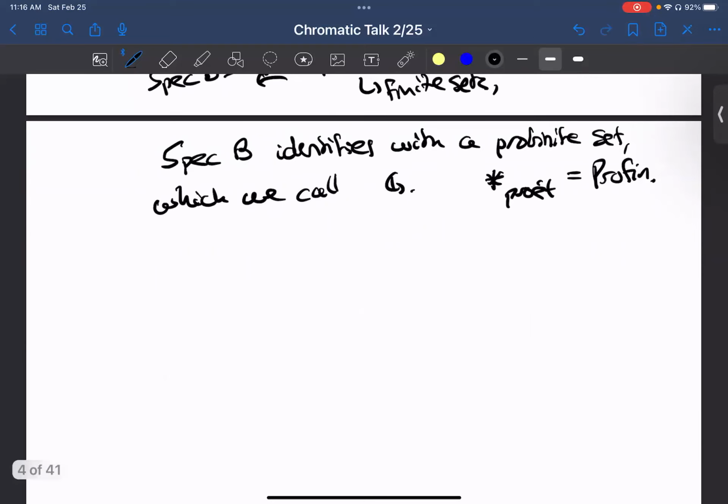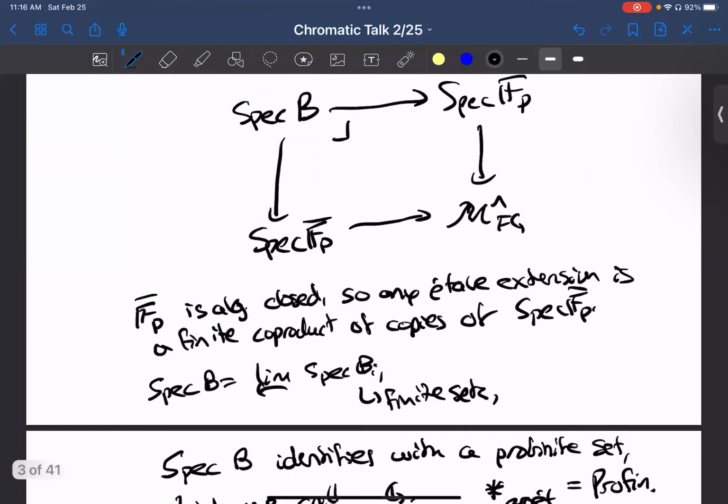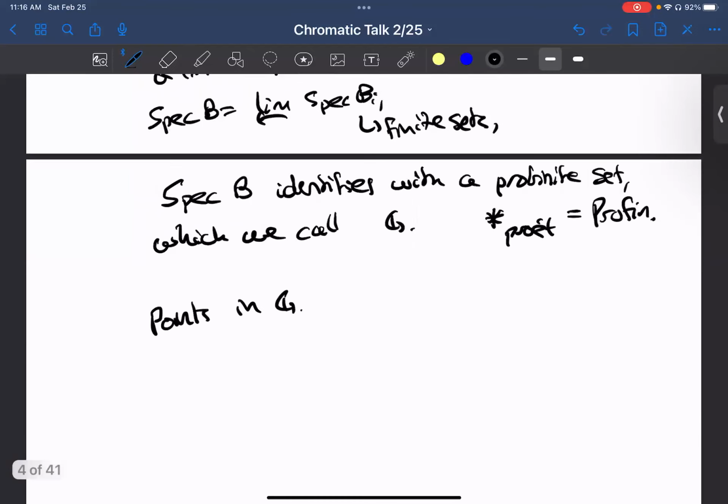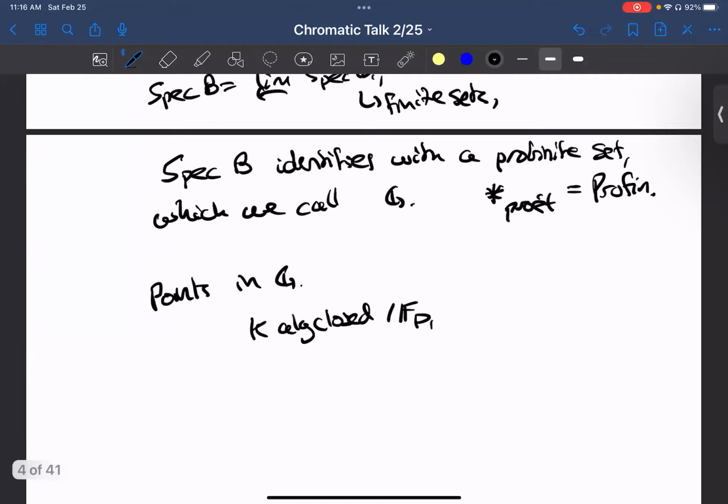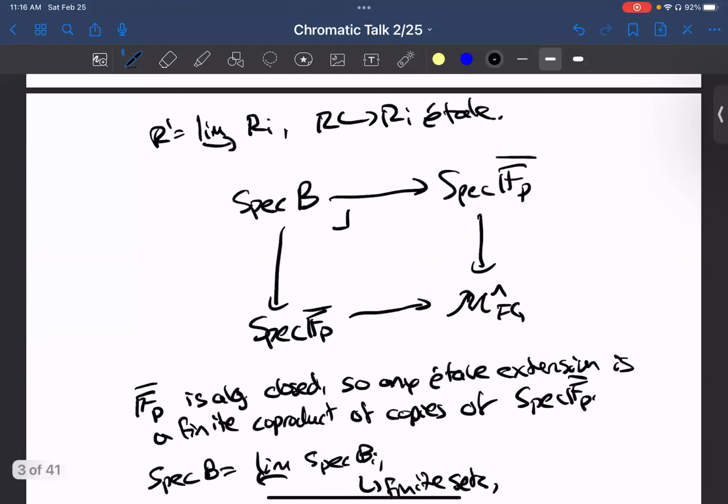So we can look at points in G, which are going to be, so some geometric point, we're going to take some K algebraically closed over FP. We're going to have maps into spec FP bar, so one over here and one over here.